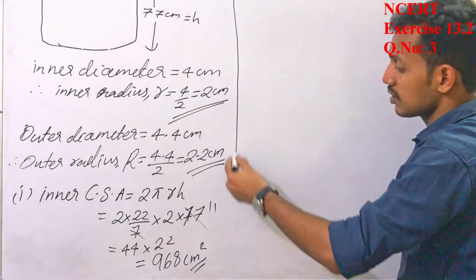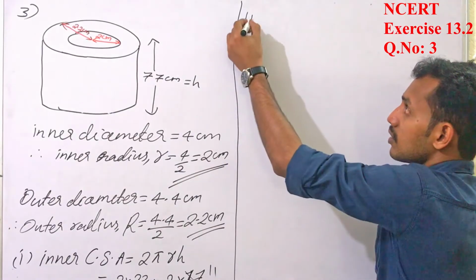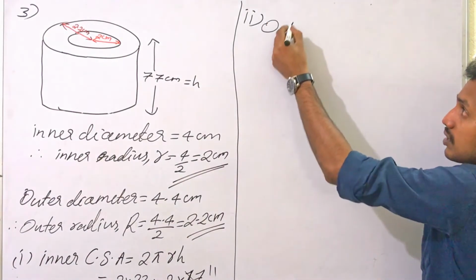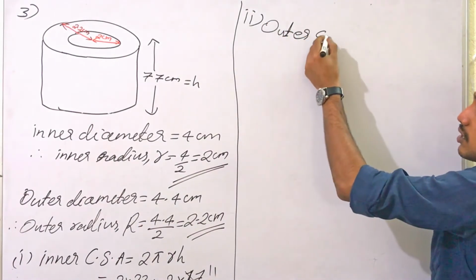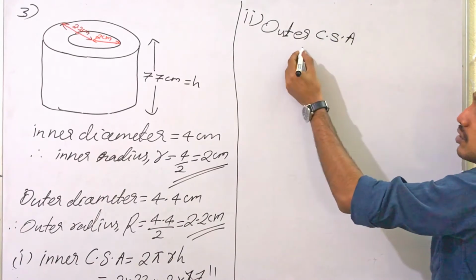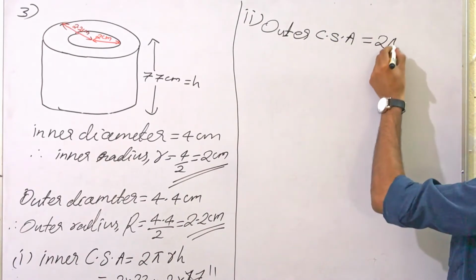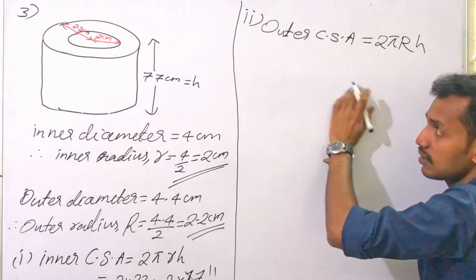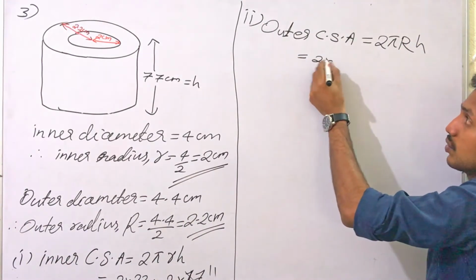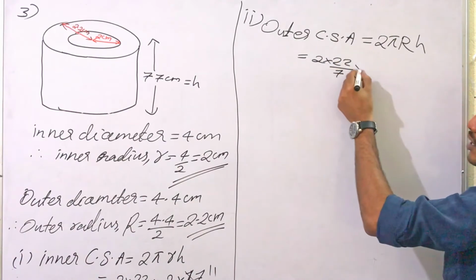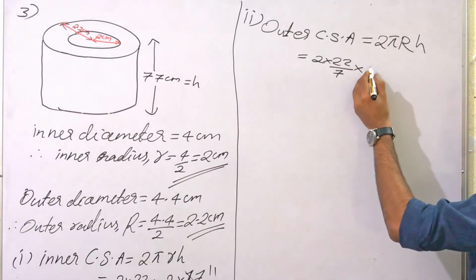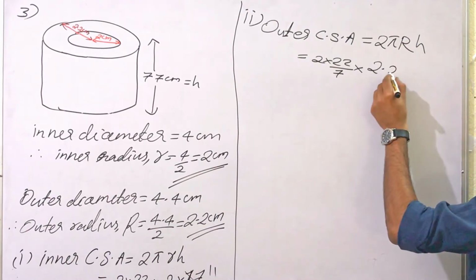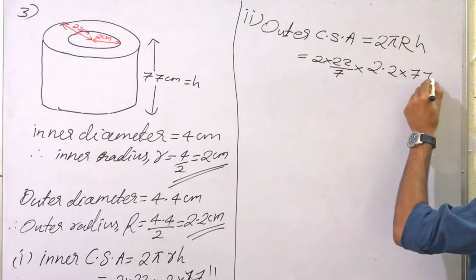The second one is outer curved surface area. Outer curved surface area is equal to 2 pi capital R into h. That is the outer radius, which is equal to 2 into 22 by 7 into capital R, that is outer radius 2.2 into height is 77.